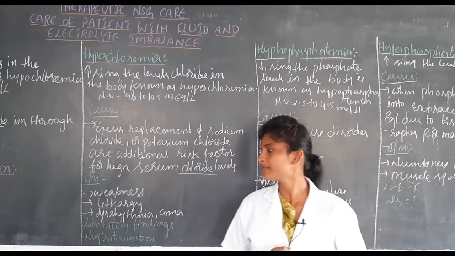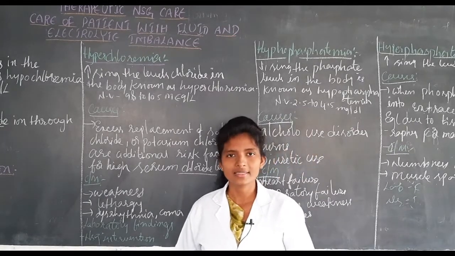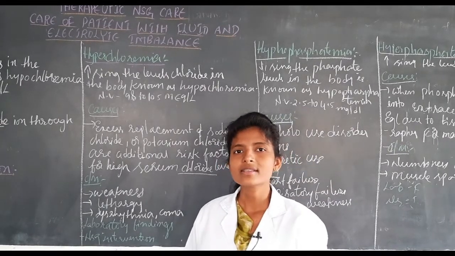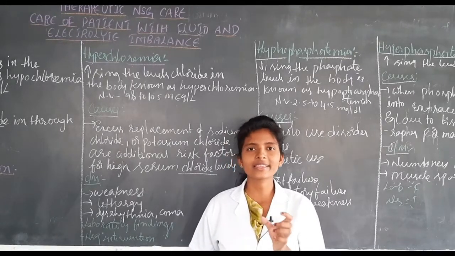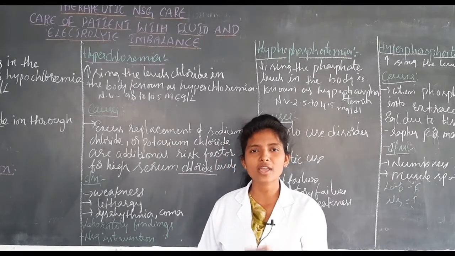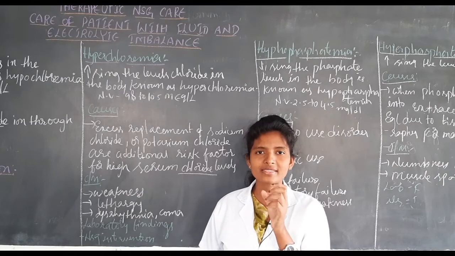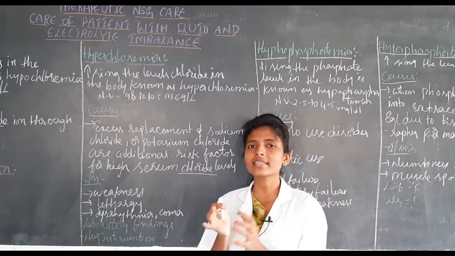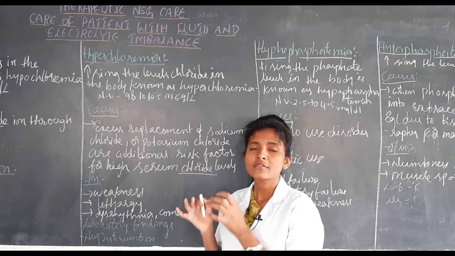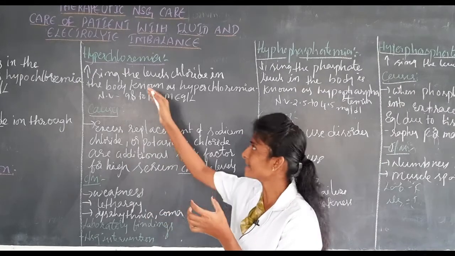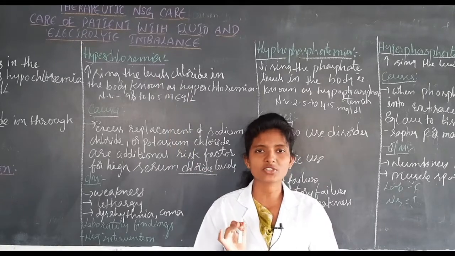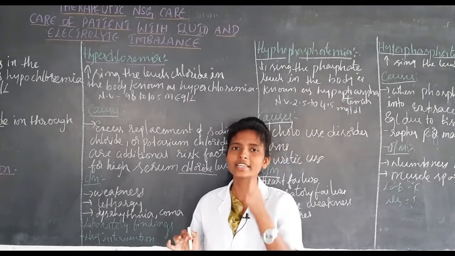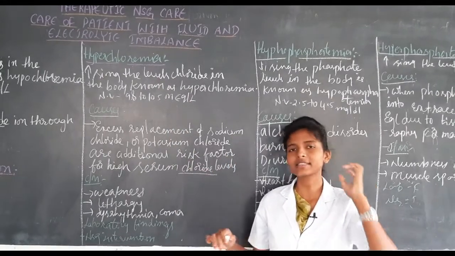First is weakness, lethargy, and next is dysrhythmia, and next is coma, and the presence of nausea, vomiting, and restlessness. These are the things we can see in the clinical manifestations of a patient with hyperchloremia.